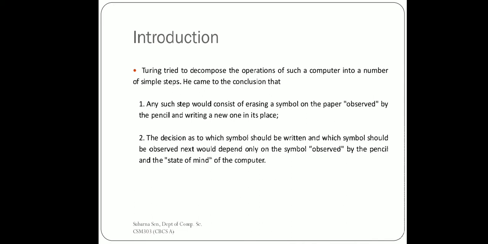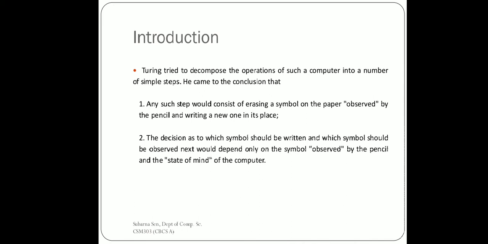Whatever the finite automata or the PDA was doing, here the approach is different. Whenever the head of the machine encounters any symbol, it observes it, it may process it, it may erase it, and it may also replace that symbol with any other symbol. So you can see it can perform both read and write operations. Both are possible for Turing machines.